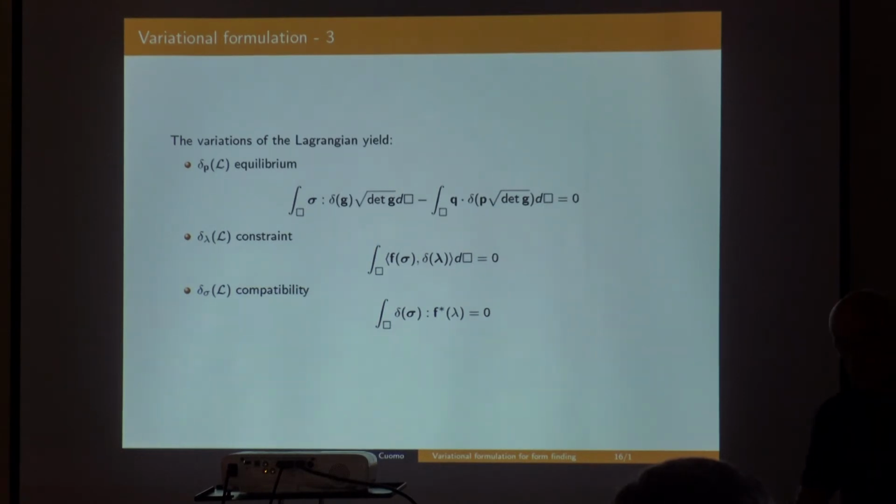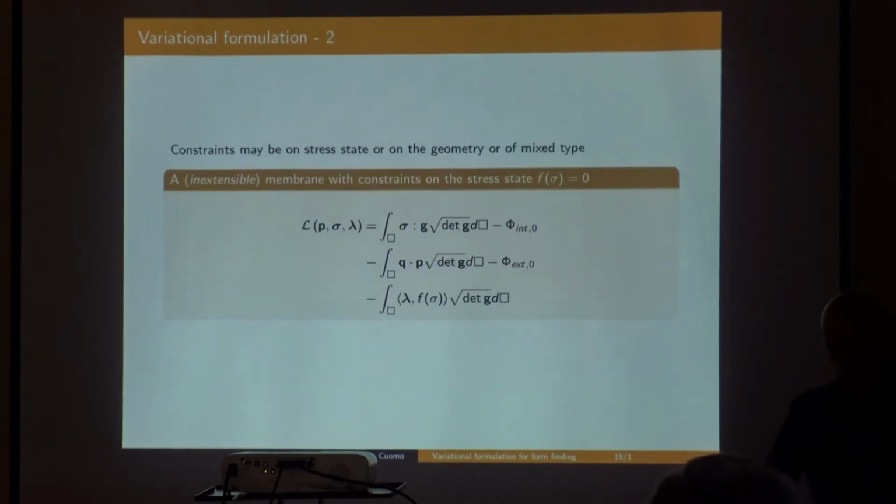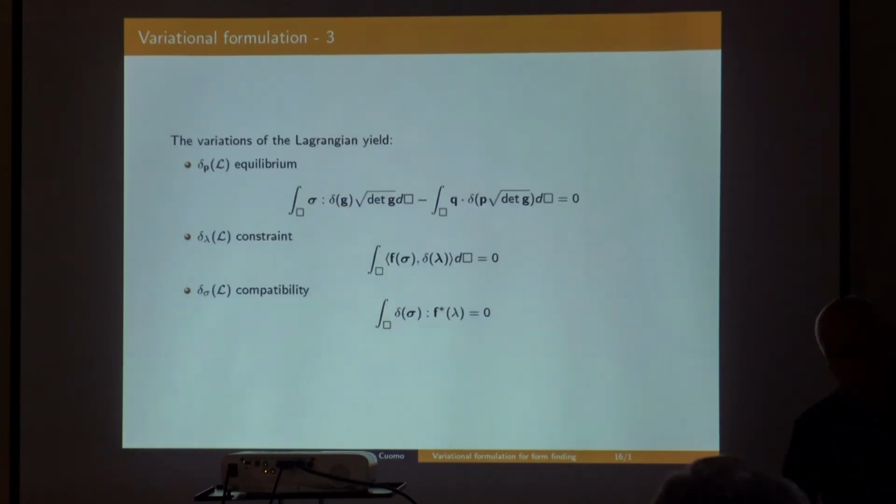Basically, it is a... okay, the last equation is something missing. This is wrong, because when you make a variation of the stress, there is also a variation of the first integral. So this variation tells you that this Lagrangian multiplier is a deformation.